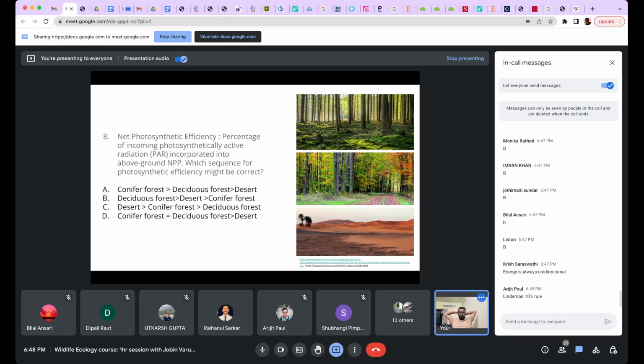The pictures are there on the screen showing what kind of forest we are talking about. Conifer forest on the top, deciduous forest in the center panel, and the desert in the lower panel.